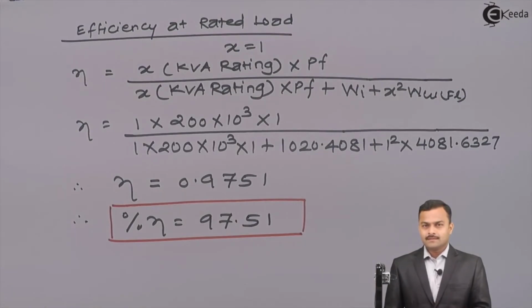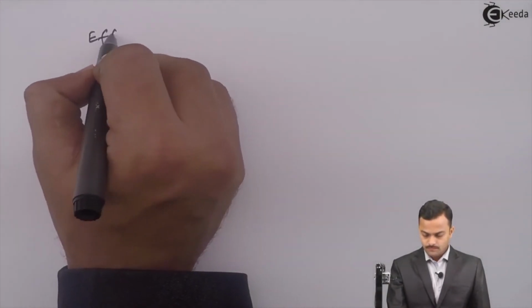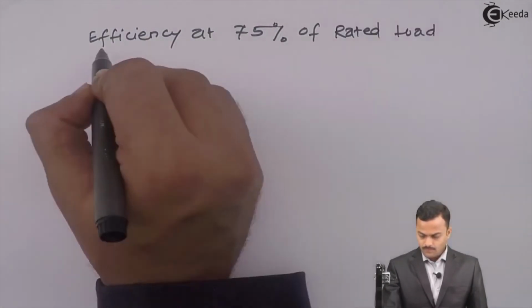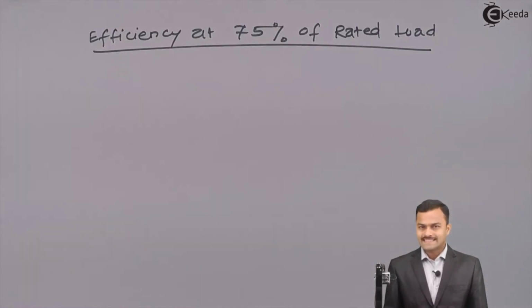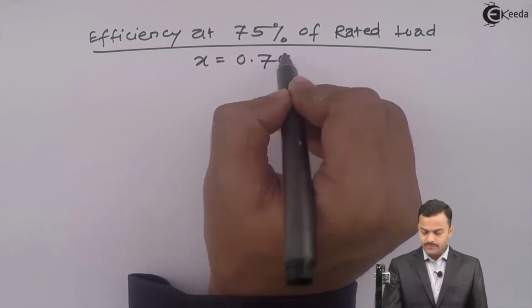Let's calculate the efficiency at 75% of the rated load. The same formula you have to use except one change. X will be 0.75.